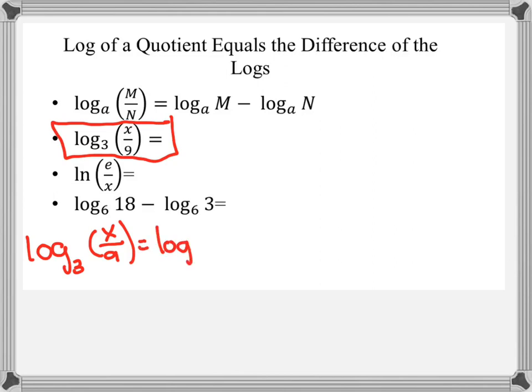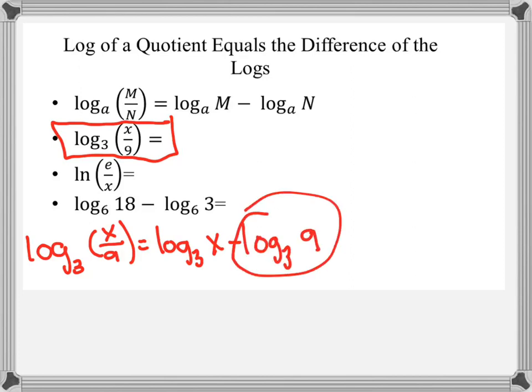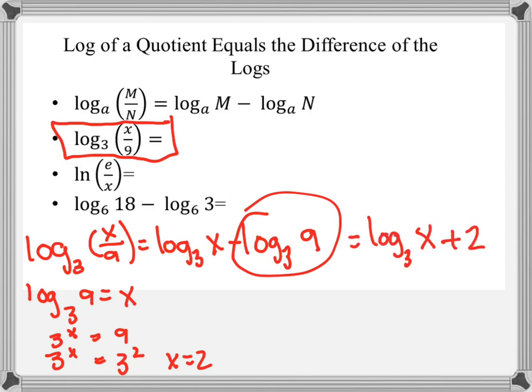We can rewrite that as the log base 3 of x minus the log base 3 of 9. Going to try to simplify this second expression. I'll set it equal to x. I'll rewrite it in exponential form, so 3 to the x equals 9. I can rewrite 9 as 3 squared, and I can set the exponents equal, x equals 2. So this simplifies to log base 3 of x plus 2.